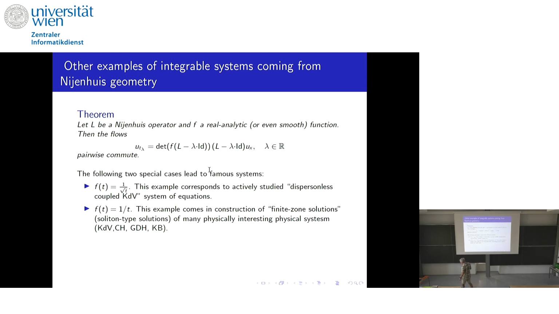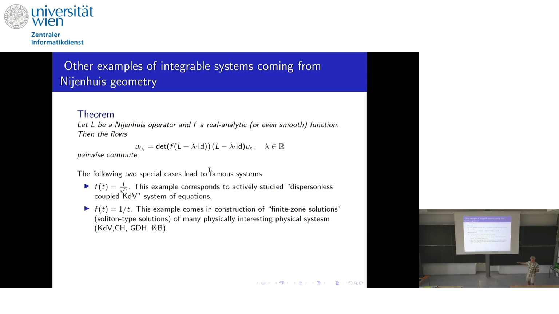This case is the case we actually considered in the third lecture. There was another way to integrate the system using the considered quantities, but in fact one can do it also using symmetries, and there is a formula relating symmetries to quantities. This case uses the square root of t, and this example corresponds to the so-called dispersionless coupled KdV system of equations, which appeared in much mathematical physics literature, sometimes in relation to physical phenomena.